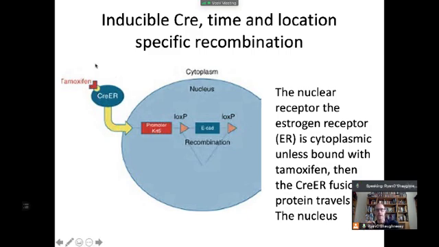Once it binds this drug tamoxifen, it can travel into the nucleus and then it can cut at these LOX-P sites. So here we only have LOX-P cutting wherever Cre-ER is in the nucleus. The nuclear receptor is cytoplasmic unless bound with tamoxifen, and then the Cre-ER fusion protein is able to travel into the nucleus and cause that removal of that gene of interest.